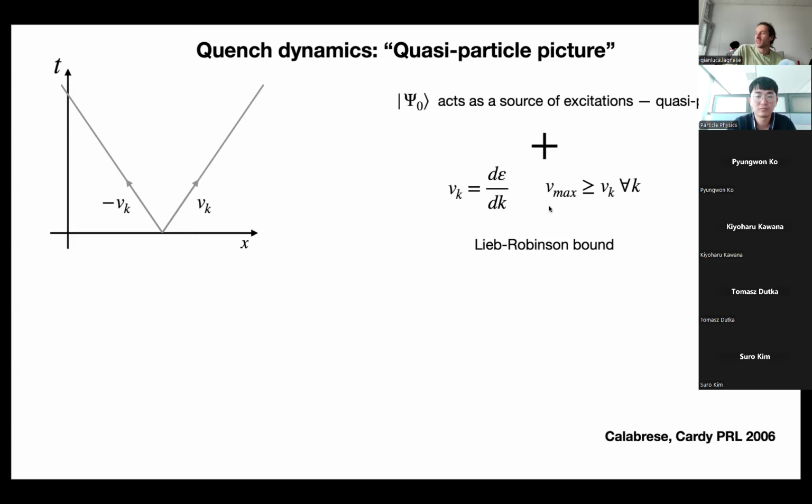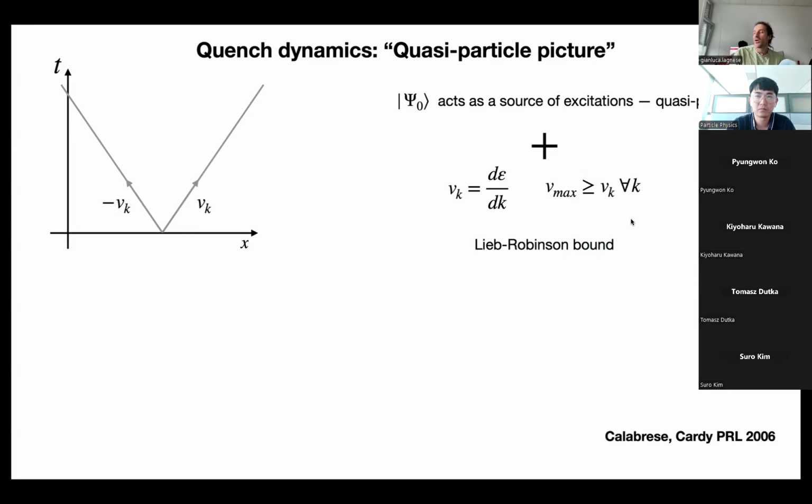If you assume that there is a maximal propagation speed, this is called the Lieb-Robinson bound, which for local Hamiltonians is basically always true. It is related to the locality property of the Hamiltonian.